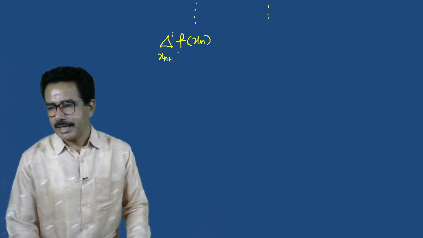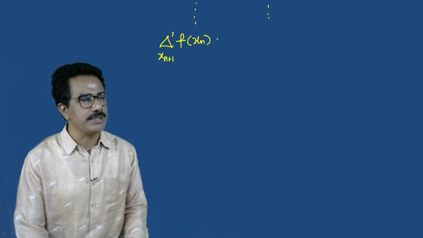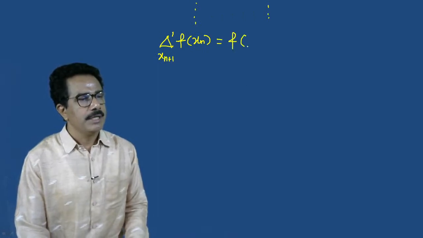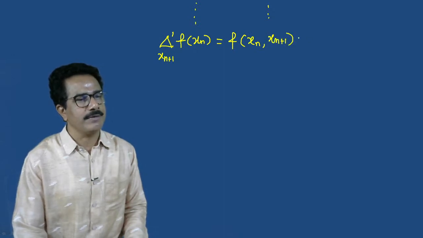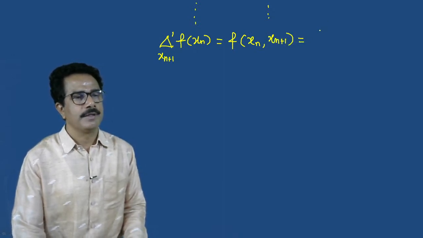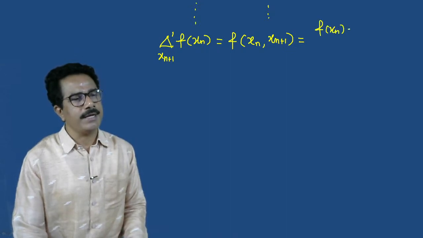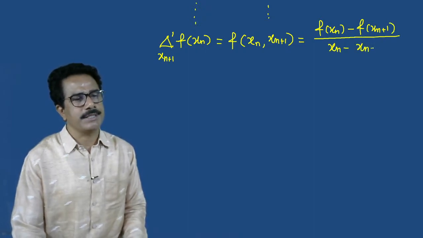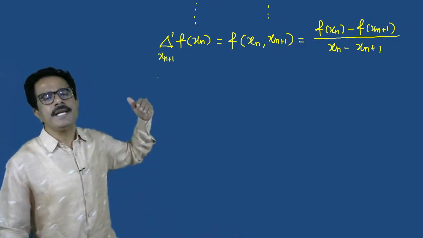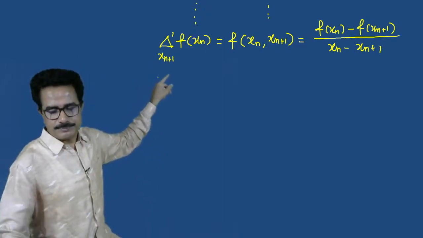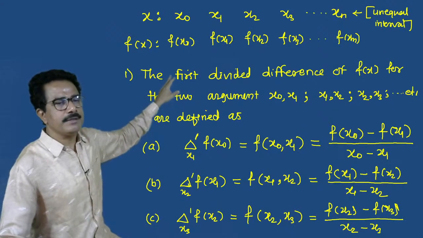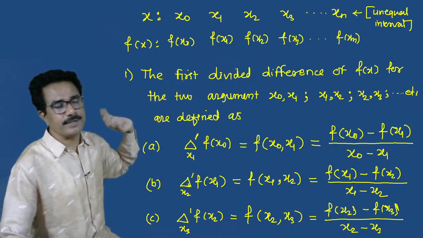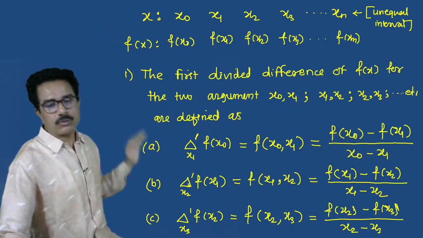So how can we write this? Now you tell me students, which is denoted by f of xn comma xn plus 1, which is equals to f of xn minus f of xn plus 1 divided by xn minus xn plus 1. Thus we can obtain the first divided difference of any argument.